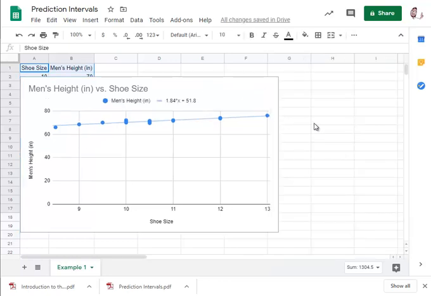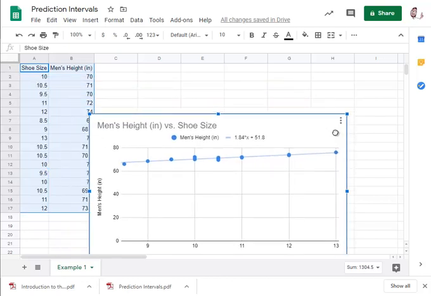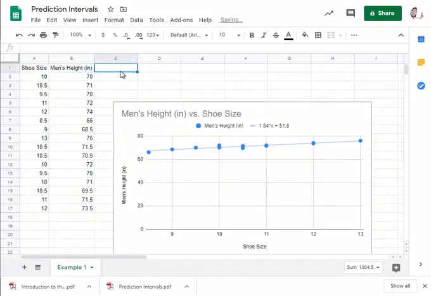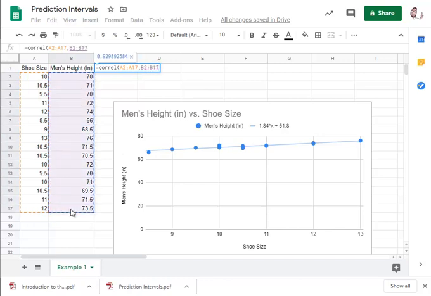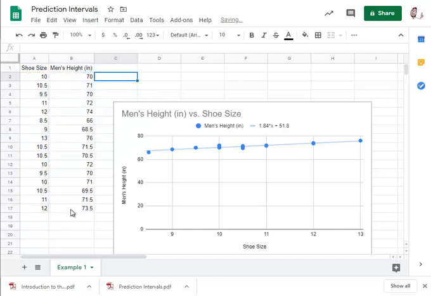We also learned how to get what is known as the correlation coefficient. So I'm going to get the correlation coefficient of this data real quick. I do that by dragging my first variable, in this case shoe size, comma, my second variable, in this case the height of each of those men.